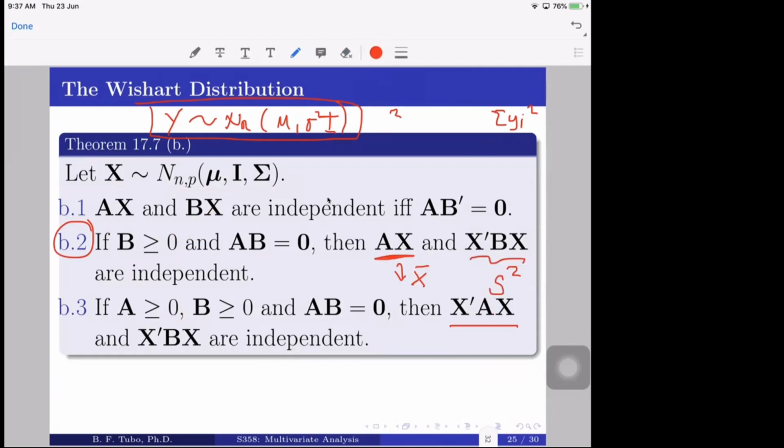So all you have to do is to transform the mean as AX, you have some matrix there.